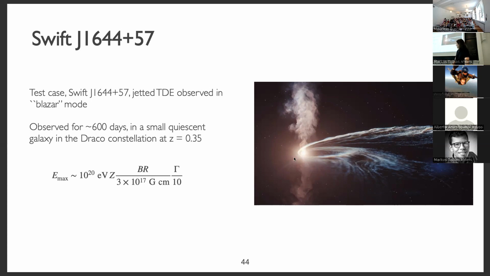But the modeling that was done, which constrained the magnetic field strength and the radius of the size of the region in the jet, allowed people to say that maybe even ultra high energy cosmic rays can be accelerated, based on this simple Hillas argument that we've used throughout these lectures.